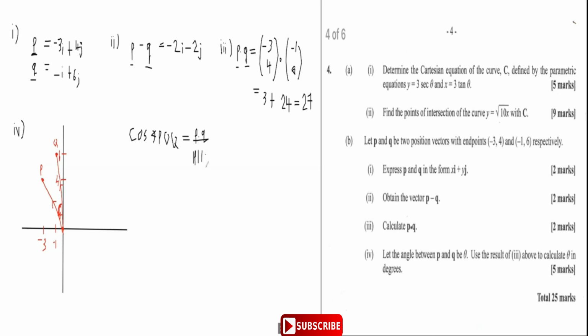So we need to work out the norm of p. The norm of p is the magnitude of p. So let's work that out right here. The norm of p is equal to the square root of 3 squared plus 4 squared.